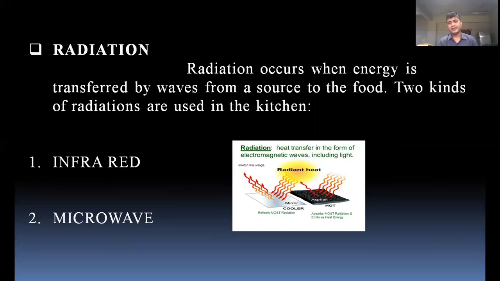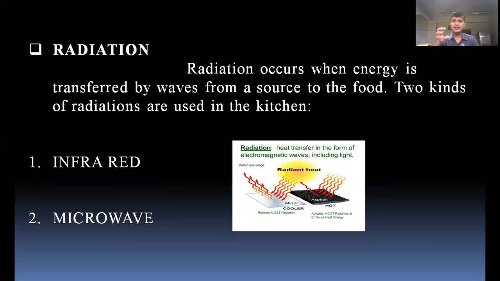Now, what is infrared? Broiling is the best example of infrared. In a broiler, an electric element or a ceramic element is heated up by a gas flame, and it becomes so hot that it gives off infrared radiation, which cooks the food.